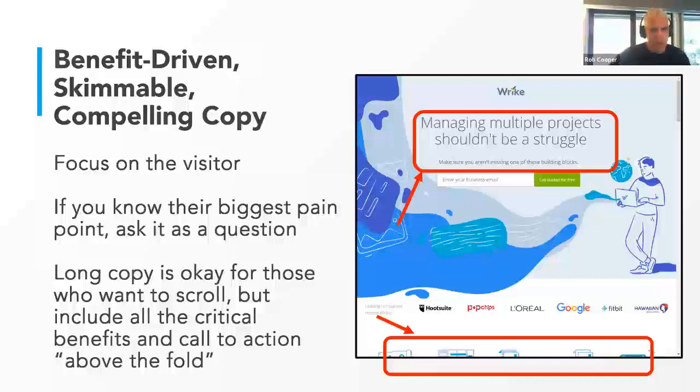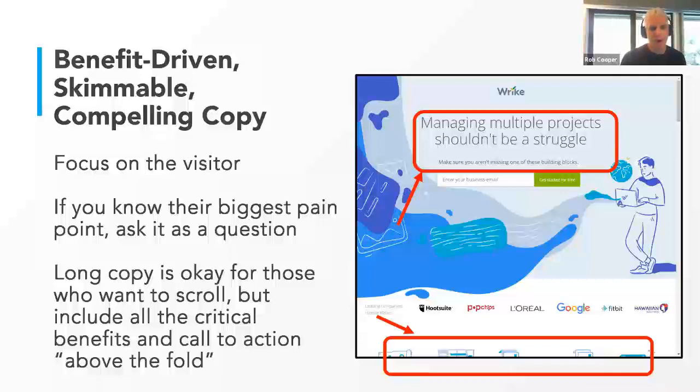debate over long copy and short copy, and I have some personal preferences, but at the end of the day, long copy is just fine for the people who want more information and want to scroll through lots of information. But it's absolutely critical to include the main benefits and the call to action above the fold, as they used to say in the newspaper days, or rather, visible on the screen.